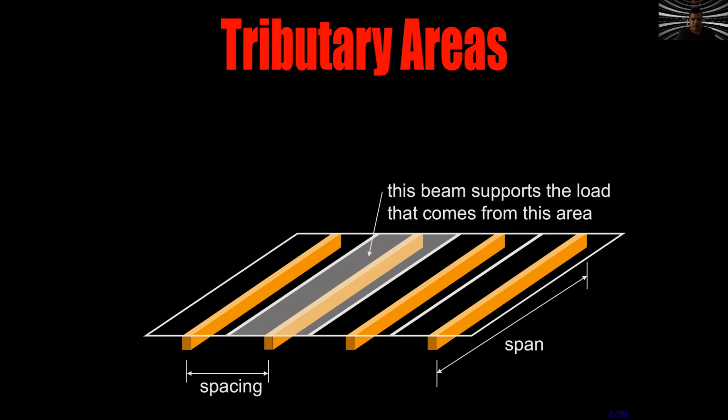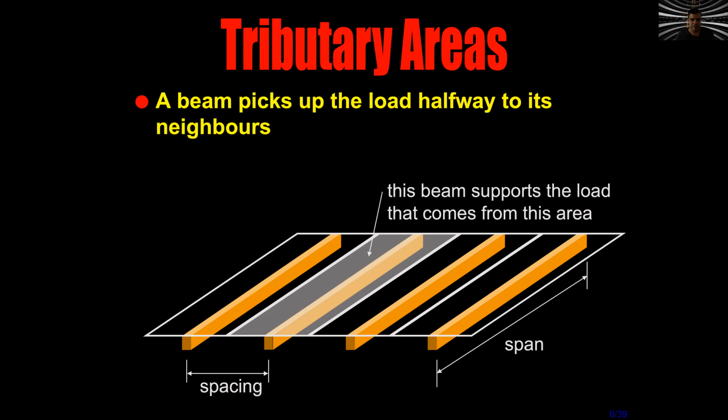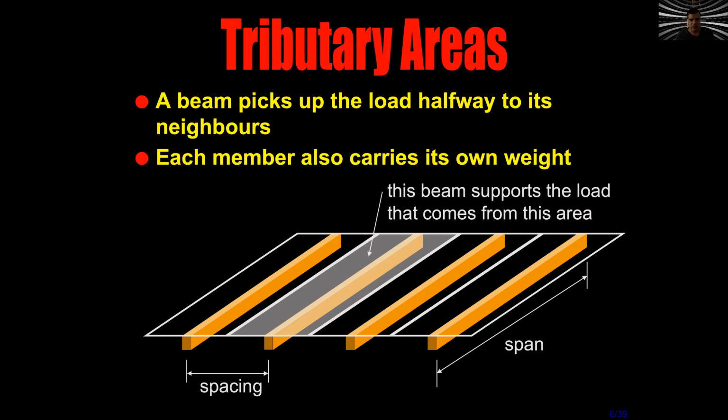Well, the tributary area will be the area that each one of them individually is supporting, and usually is half the distance that separates the beam that we are calculating to the next beams. Well, a beam picks up the load halfway to the neighbors.